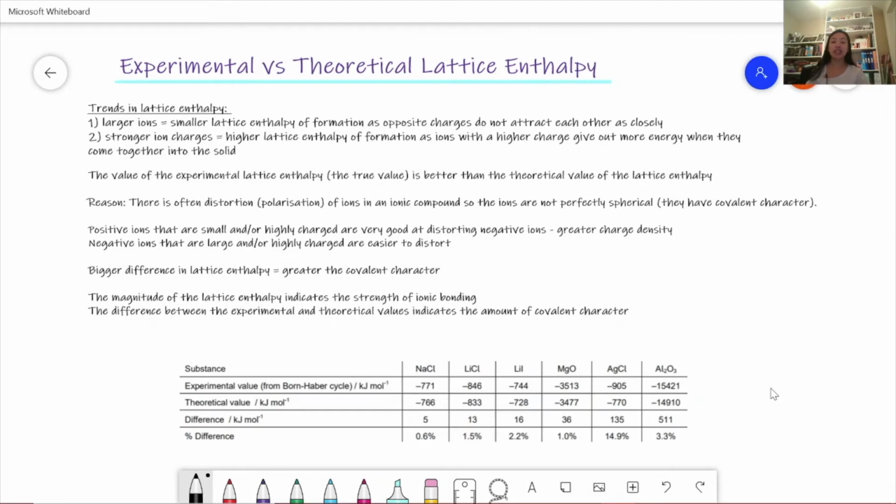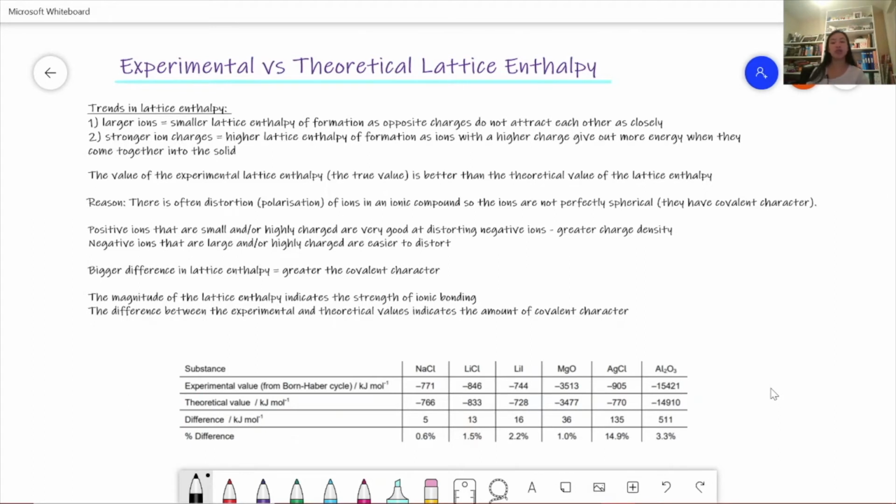And in general, a bigger difference in the lattice enthalpy means the greatest covalent character. So if there's a really, really big difference between the experimental and the theoretical lattice enthalpy, then that means that there's quite a lot of covalent character. And so the magnitude of the lattice enthalpy indicates the strength of the ionic bonding, so how big the number is.